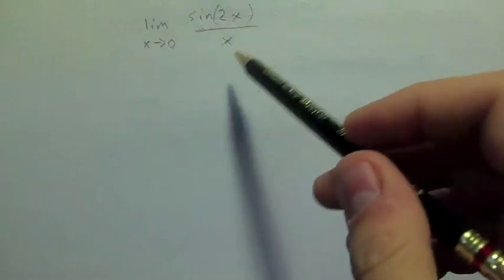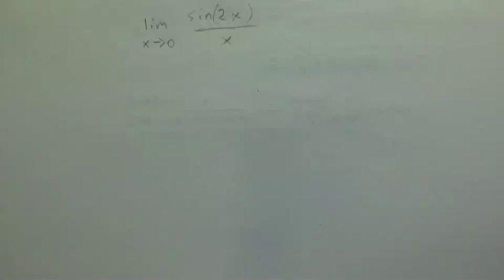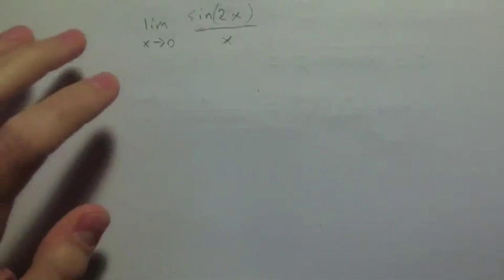You might have had sine of 2x, I don't really remember. But what you got was sine of like 3x over x as x goes to 0 was 3. If you had a 4 there, you probably saw 4. Okay. So here's how this works.